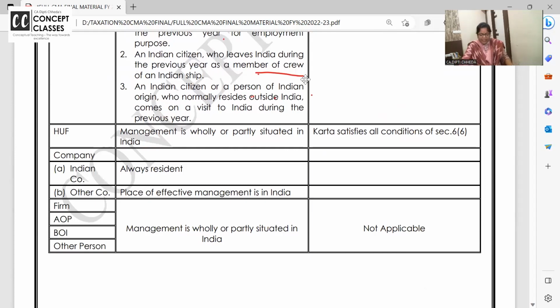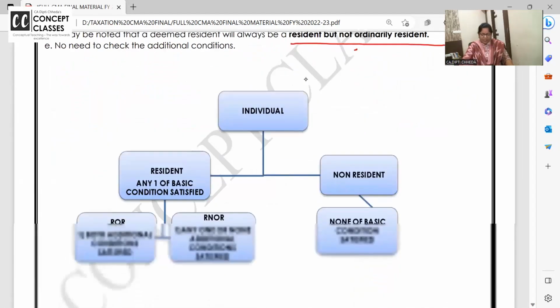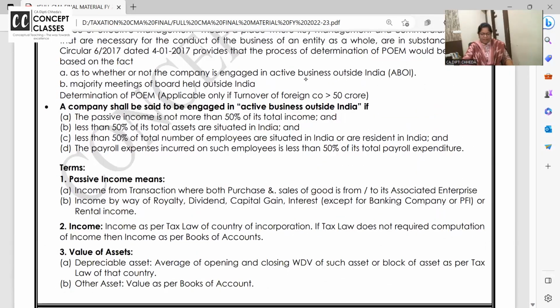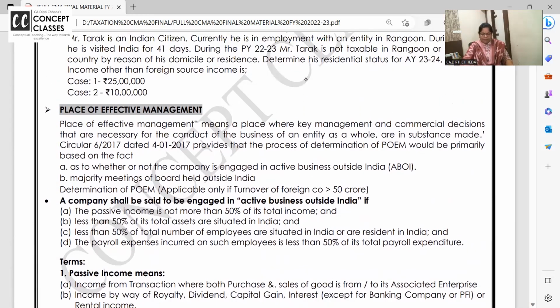That is done. Indian company is always resident because it is registered under Companies Act 2013. Foreign company, if its place of effective management, POEM, is in India, then resident, otherwise non-resident. So how will we know whether the POEM of a foreign company is in India? For that POEM, POEM means place where key managerial and commercial decisions are taken for the company as a whole.